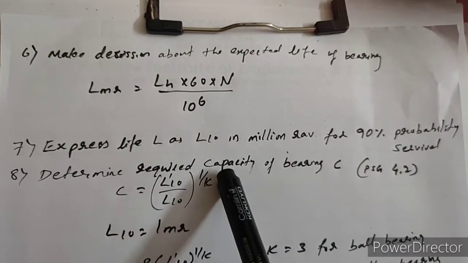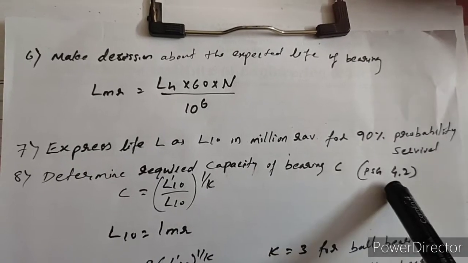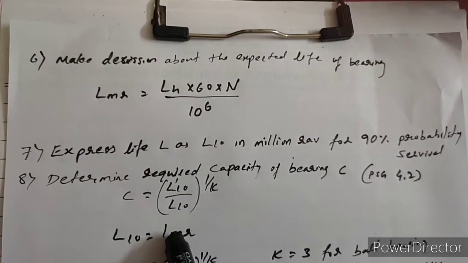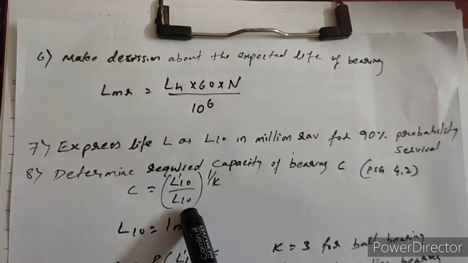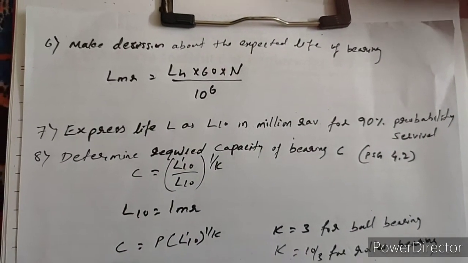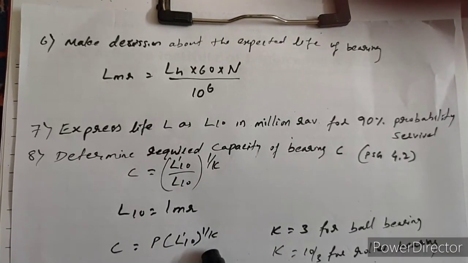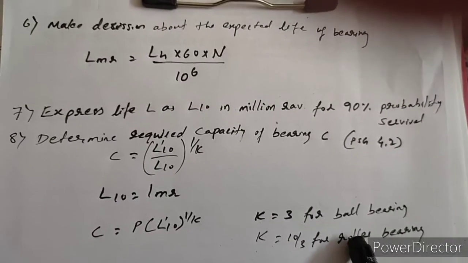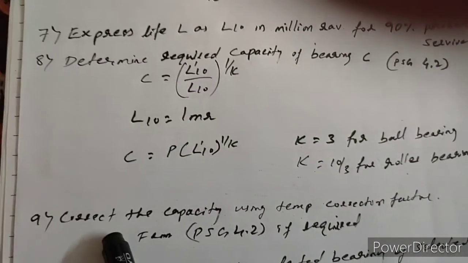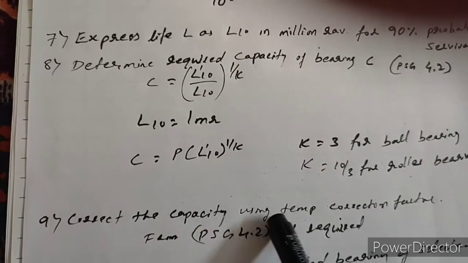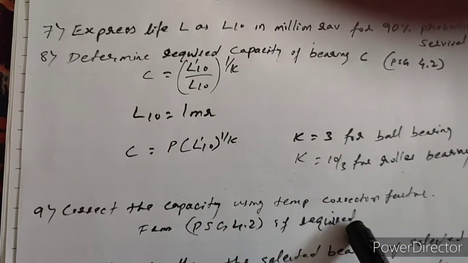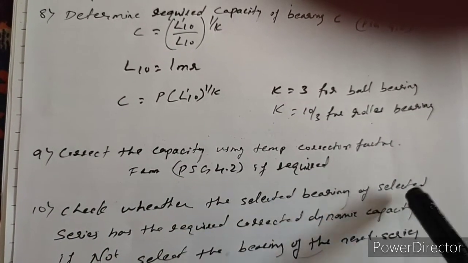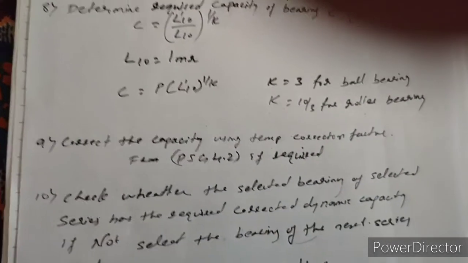Then we calculate the required dynamic capacity of bearing C using the equation in PSG 4.2. Then whatever the dynamic capacity is, we increase it by using the temperature factor. Then we check whether our selected bearing has the required dynamic capacity or not.